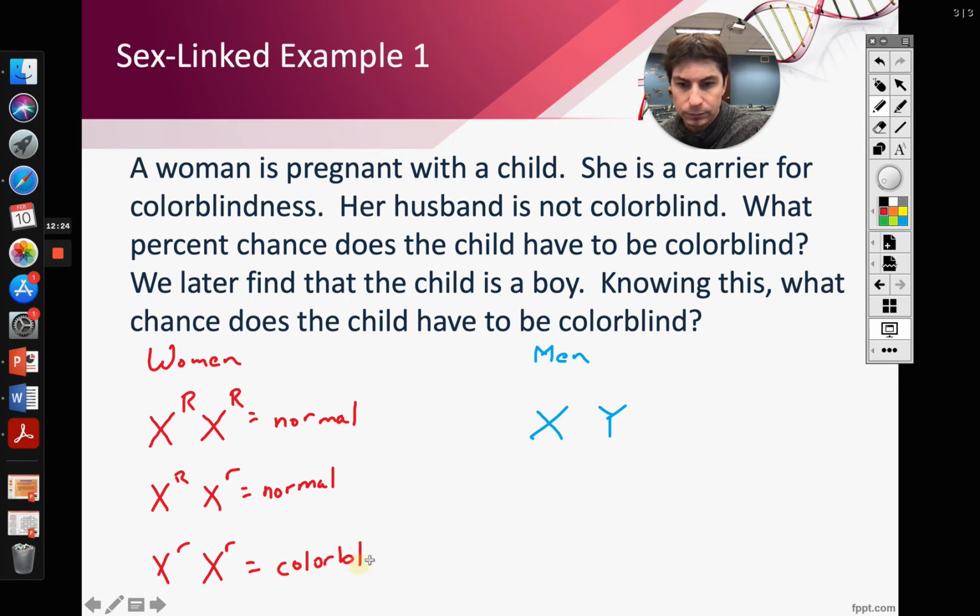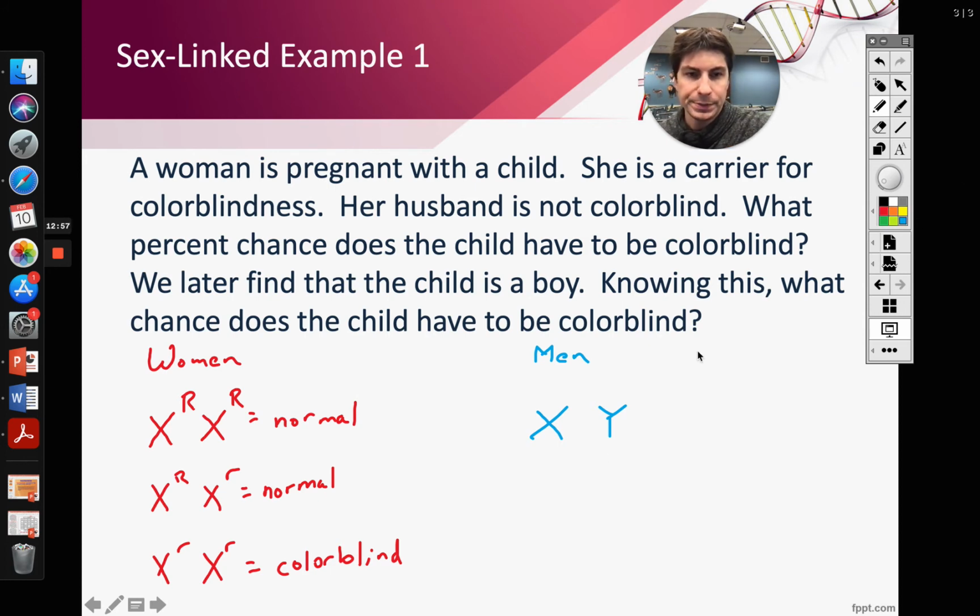So, big picture. For a woman to be colorblind, on both of her X sex chromosomes she has to have a recessive allele for colorblindness. Let's look at men now.